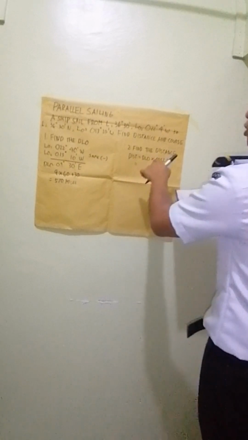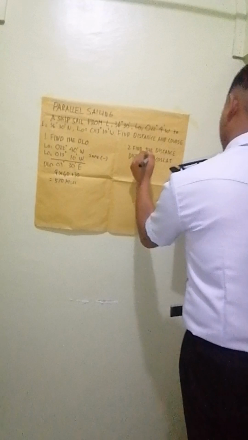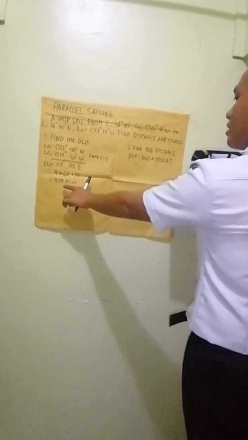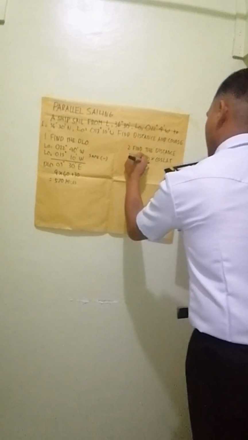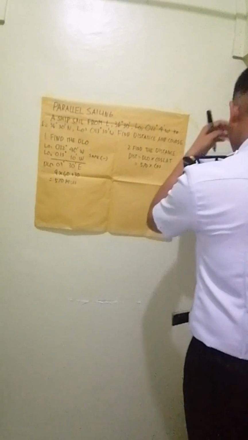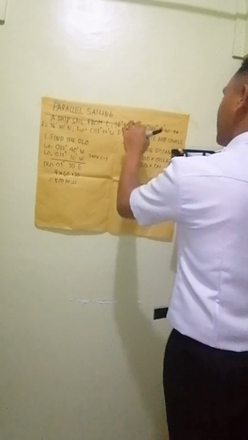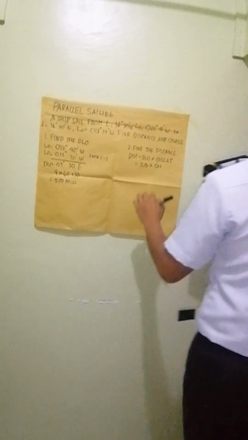Distance equals DLO times cosine latitude. And DLO is 570 miles, we must put in here and times cosine, and the latitude is 36 degrees and 30 minutes north.